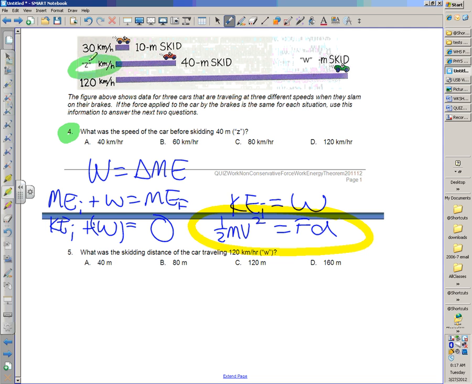How much longer? 30, but if we talk about it in terms of factors, how many times longer is it? 4. It's 4 times longer. So the distance is 4 times longer. What did we tell you about the force in the problem? It's the same. With the 3 cars, I probably should tell you here that the cars all have the same mass. Probably should know that.